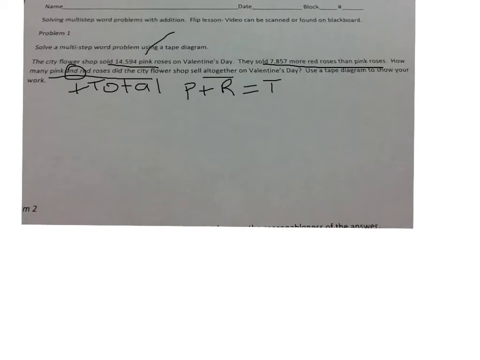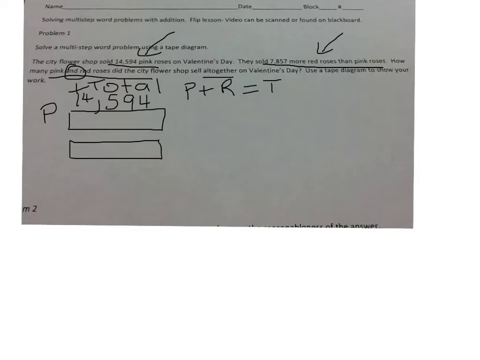We know that right here it tells us that there is 14,594 pink roses. And this is our tape diagram for that. 14,594. We know anything that would fit in that tape would be pink roses. Now, for red roses, which is right here in the story, it says there's 7,857 more red roses than pink, which means for the red roses, we have the same amount as pink roses, right?